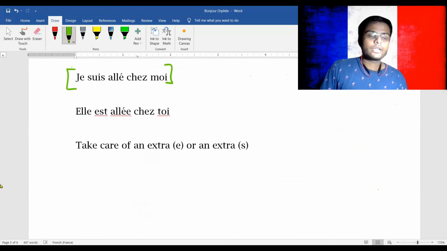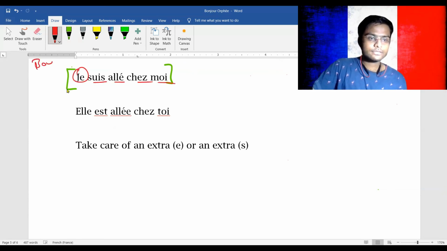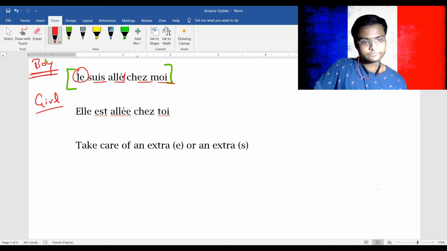Now let's learn a few rules concerning the être verb. Suppose the sentence is Je suis allé chez moi, and here the sentence is said by a boy. How? Because there is no extra e or extra s. Now suppose a girl is saying this, or someone is using this sentence for a girl, then how will you do it?